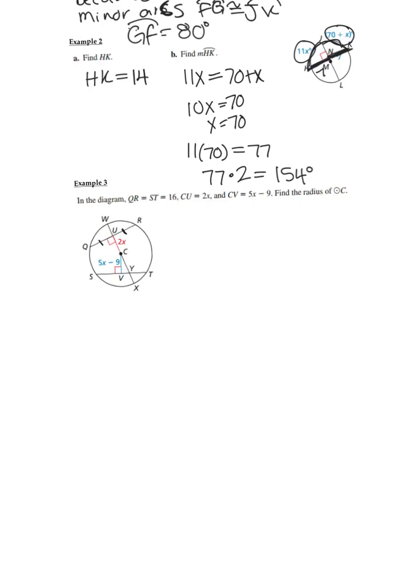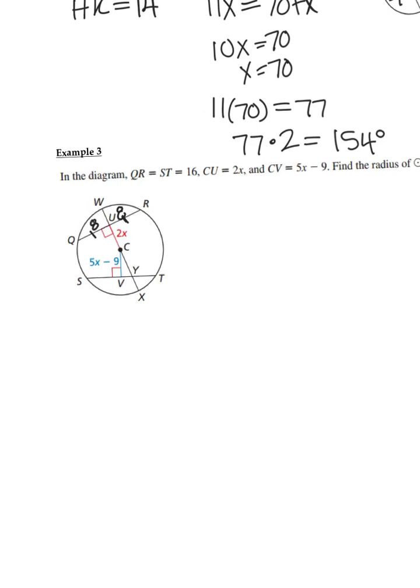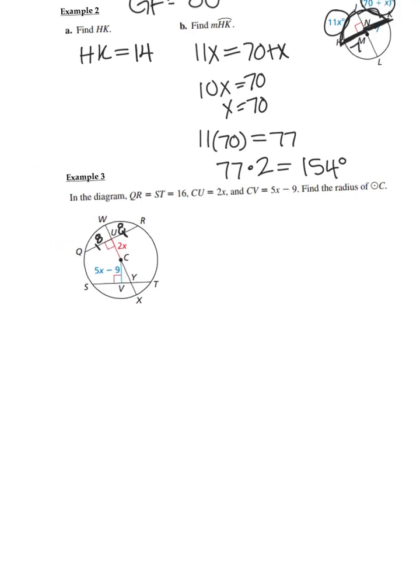So if this whole chord is 16, then that means each of these is going to be 8 units. They also tell us that CU is 2x, and they tell us that CV is 5x minus 9. We're asked to find the radius.